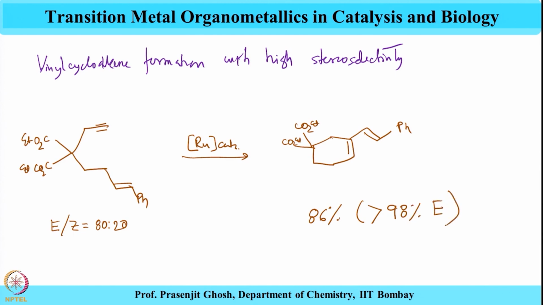So, this is a highly selective way of synthesizing this vinyl cycloalkene ring using this enyne metathesis reaction.